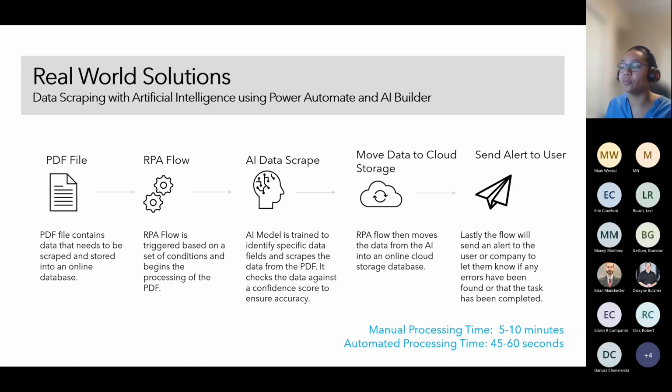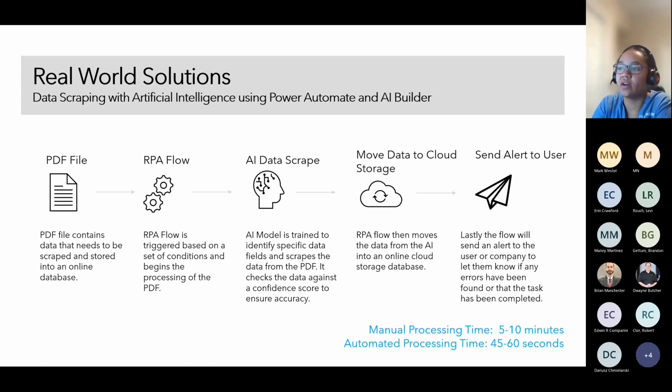This is very helpful because, as you can see on the bottom, there's about 5 to 10 minutes in processing, and it only takes about a minute for the solution to work. But that's not always the case. Sometimes you get something in your inbox and you're busy doing something, and you don't have time to tackle that right now. And that's when RPA can come alongside and aid you in eliminating that task for you.